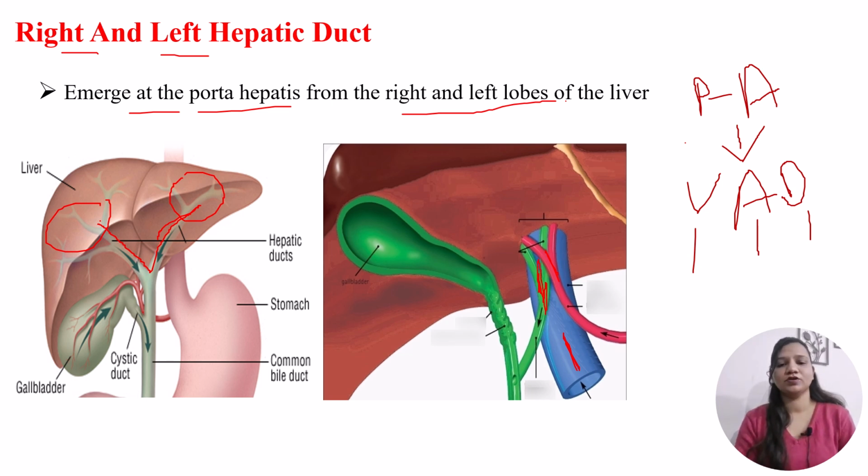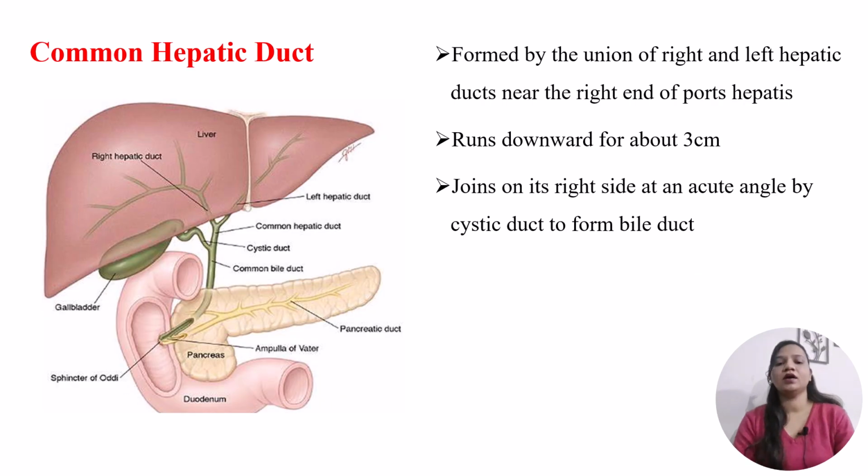Okay, so moving on, the next structure is the common hepatic duct. The common hepatic duct is formed by the union of the right and left hepatic ducts. We have seen that the right and left hepatic ducts emerge from the right and left lobes of the liver, and they emerge at the porta hepatis, and by emerging out they fuse with each other to form the common hepatic duct.